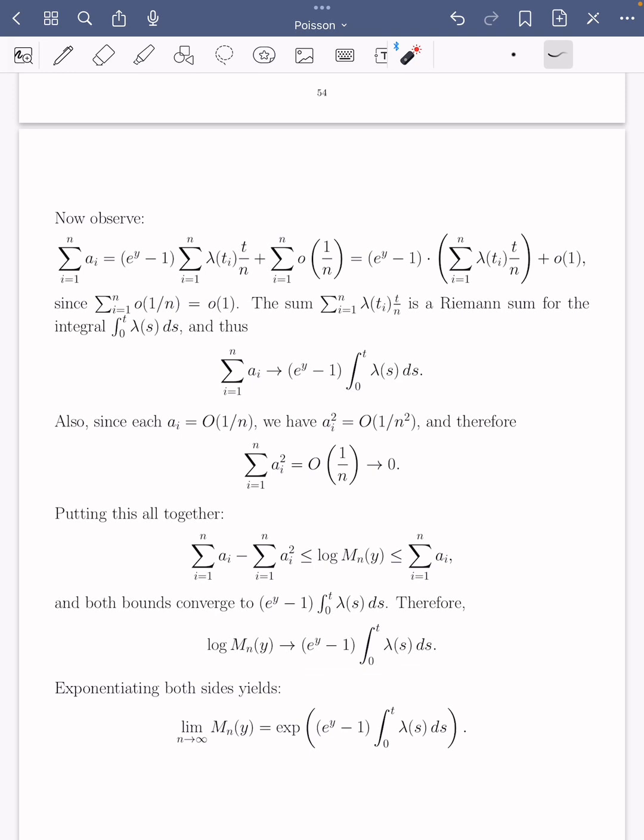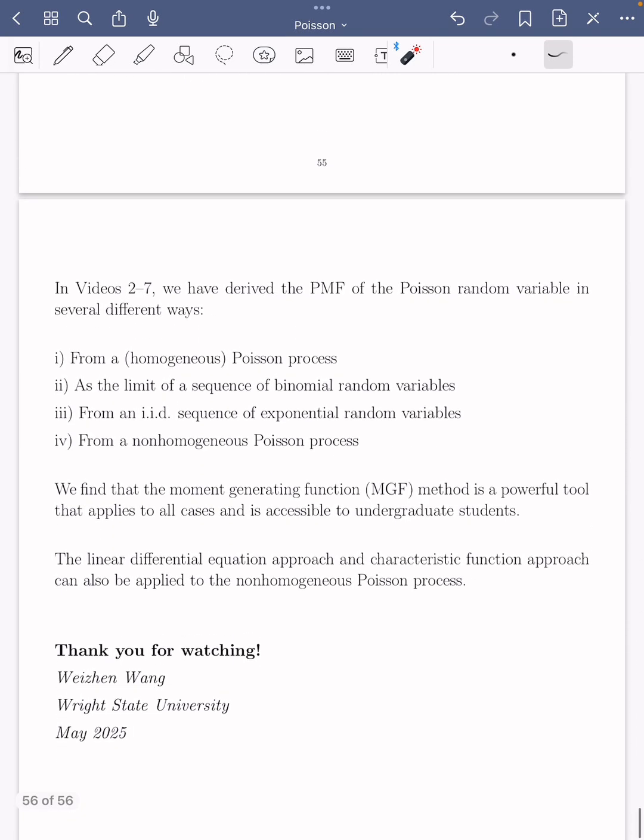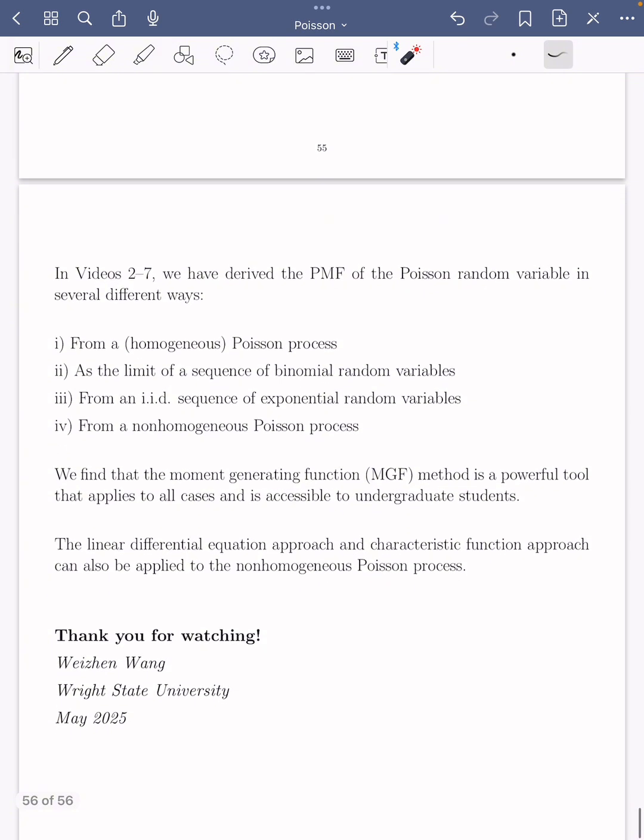So we conclude that the limit of M_n is equal to e to the y minus 1 times the integration of lambda s from 0 to t. So that's the end of the proof for Lemma 3.